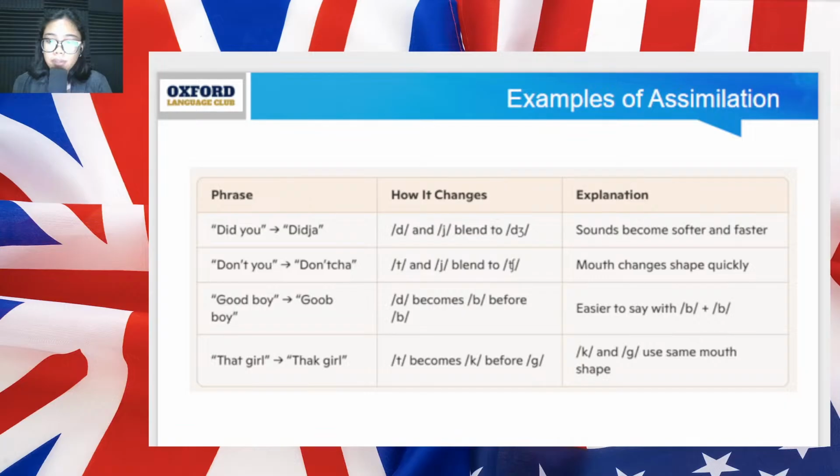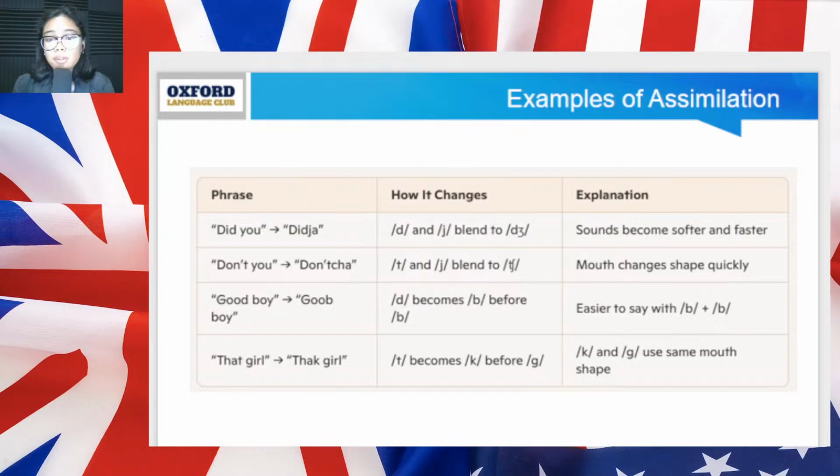Now think about how you typically make the T sound. Your tongue makes a very quick touch and then a small swift release from behind your top teeth. For the Y sound, your tongue is also held high. In fast speech, your mouth automatically changes its shape very quickly to make this new single blended CH sound.